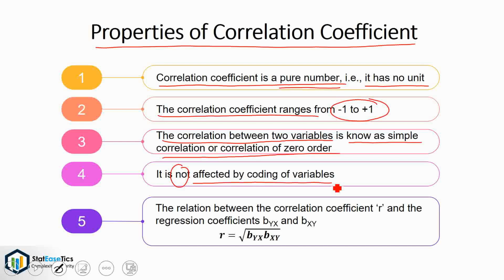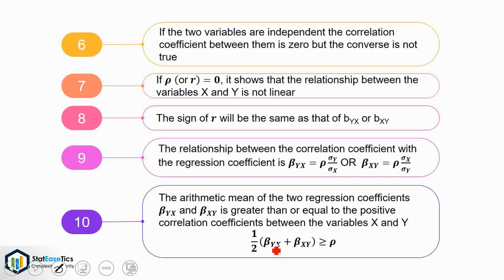Then, the fifth property is the relation between the correlation coefficient R and the regression coefficients byx and bxy: R is equal to the root of byx into bxy. Sixth property is that if the two variables are independent, the correlation coefficient between them is 0, but the converse is not true.